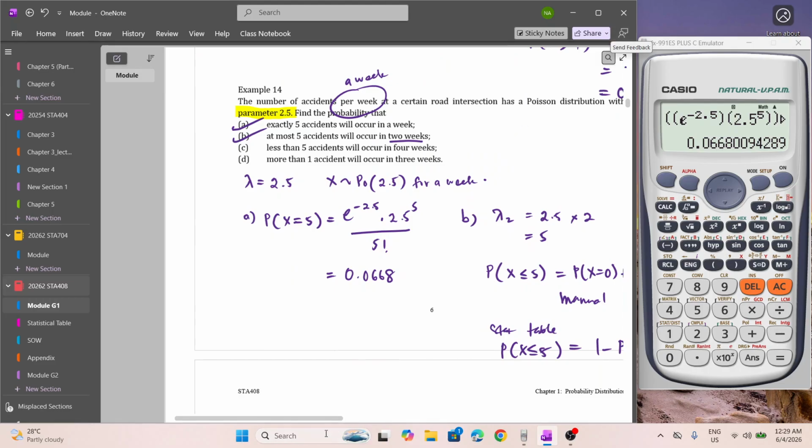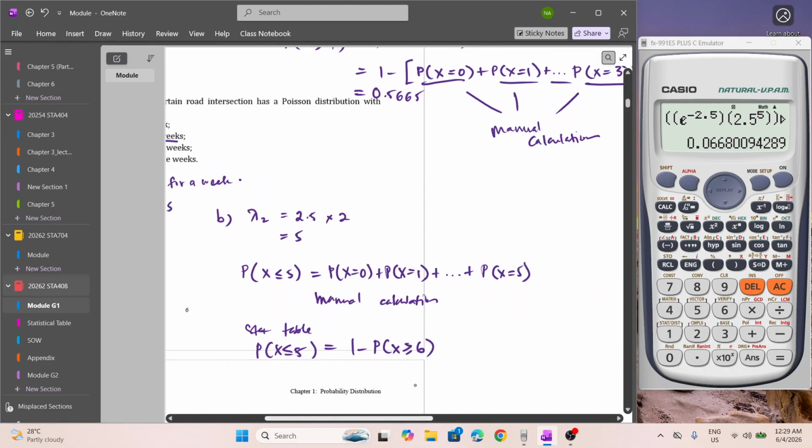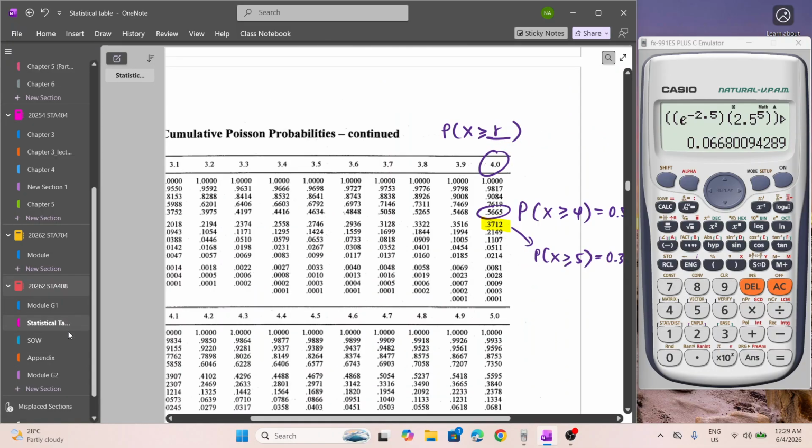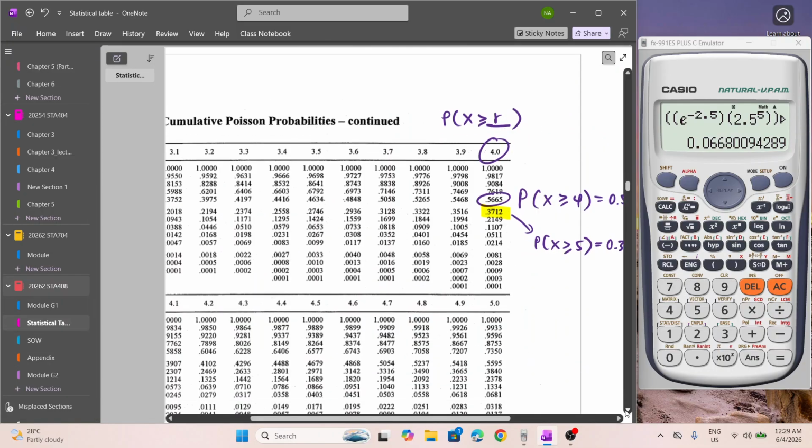So now you have to find the probability of X greater than or equal to 6 when lambda is equal to 5. Now let's go to the statistical table.